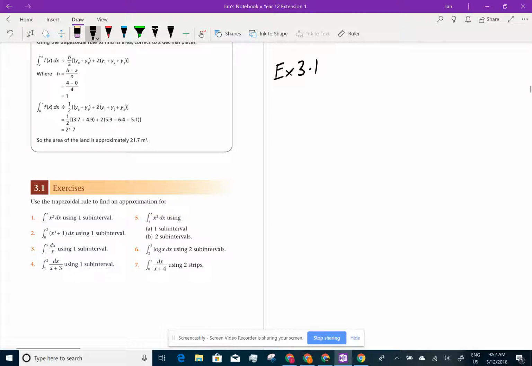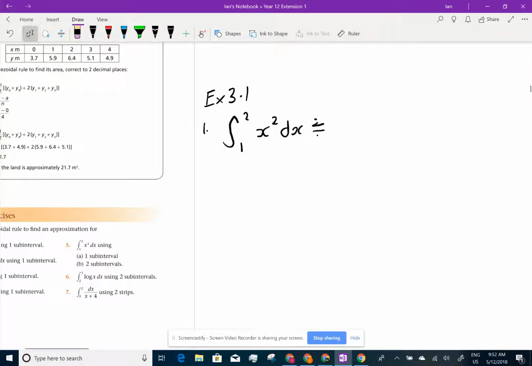is draw a diagram. And remember that that little squiggly line, which we're going to come across a bit later, in this case means find the area. So we're finding the area, so this is question 1, between 2 and 1 of x squared using the trapezoidal rule.